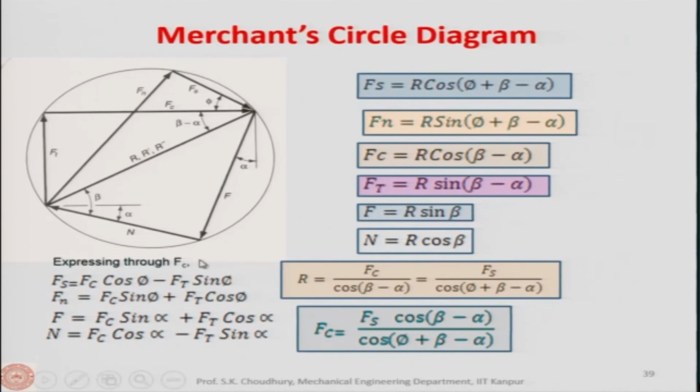So, in this diagram, this is the tool tip. Therefore, if we draw the line which represents the perpendicular to the cutting velocity, then between this line and the F, because F is parallel to the rake plane or rake face, right, this line is normal to the cutting velocity vector.